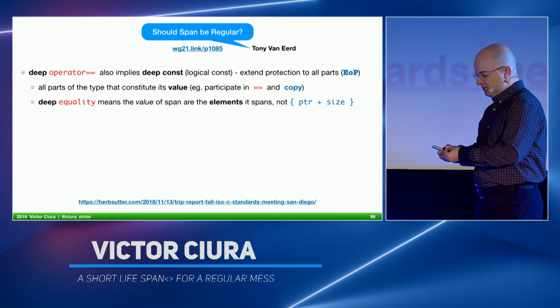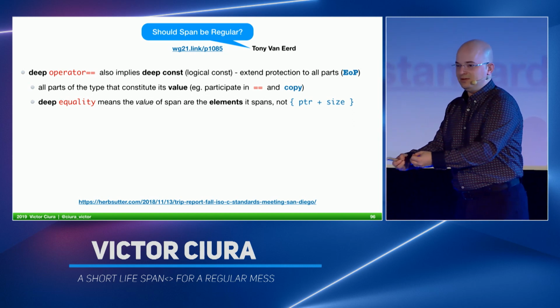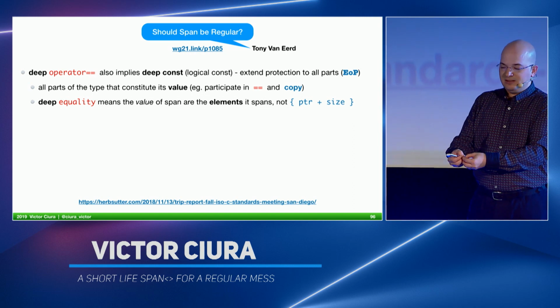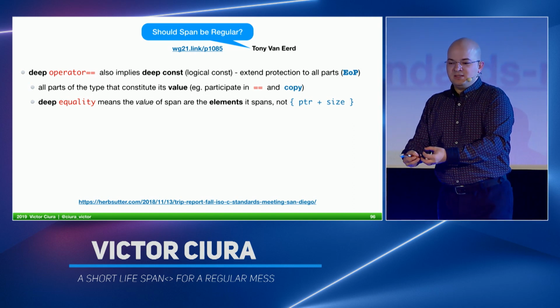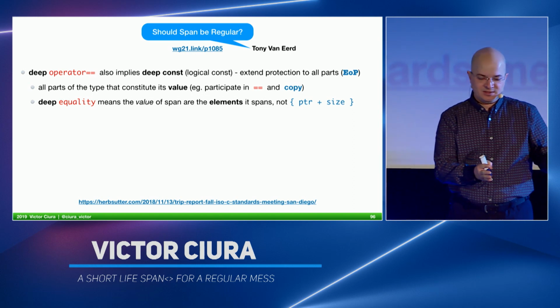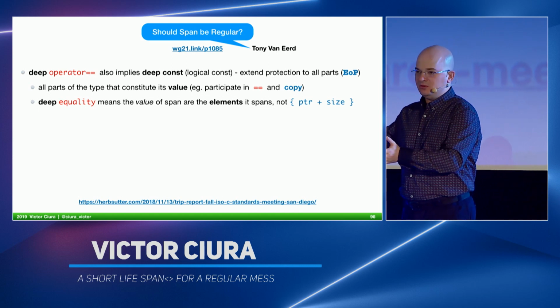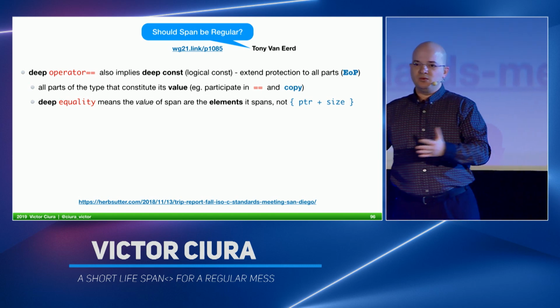So deep equality would mean the components are the things we construct it from. But it's hard to tie the span to the original elements because those elements can change, and span has no way of tracking that.